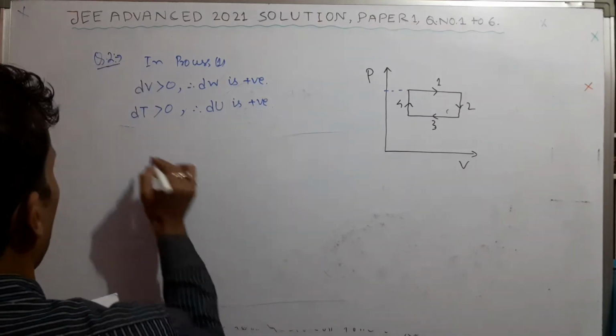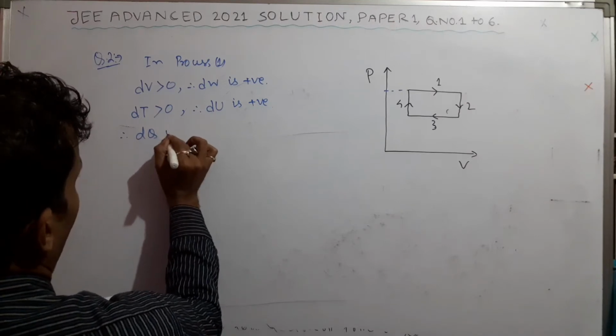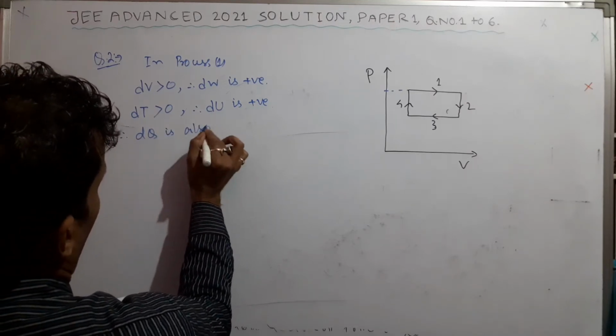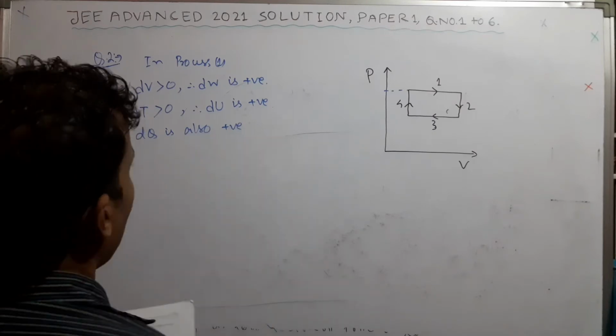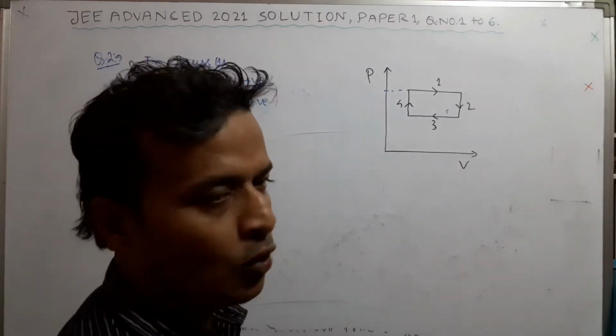So from the first law of thermodynamics we can say that dQ is also positive, okay. So dQ is also positive, that means heat is absorbed by the gas during the process 1.